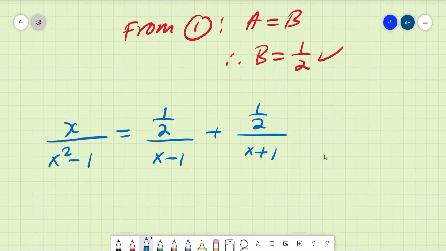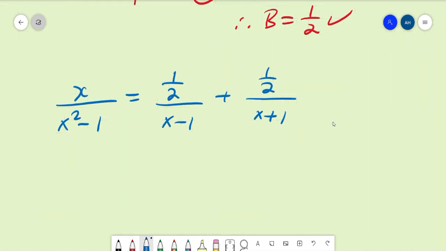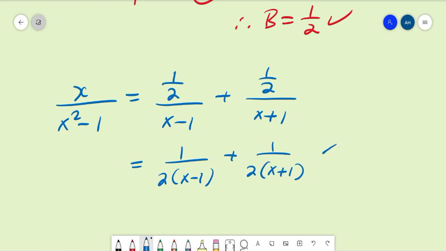Okay, let's simplify the terms. On the right hand side we have 1 over 2 multiplied by x minus 1 plus 1 over 2 multiplied by x plus 1.